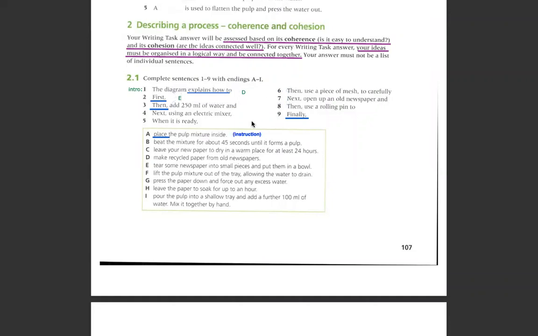Right, I'd like you to do the rest of them by yourself. I'll give you 3 minutes. So just write the number and the letter on a piece of paper, and then we'll check the answers together.